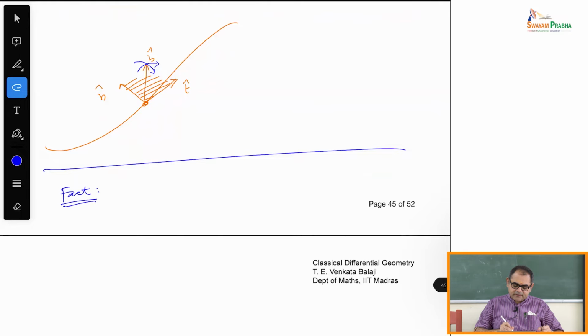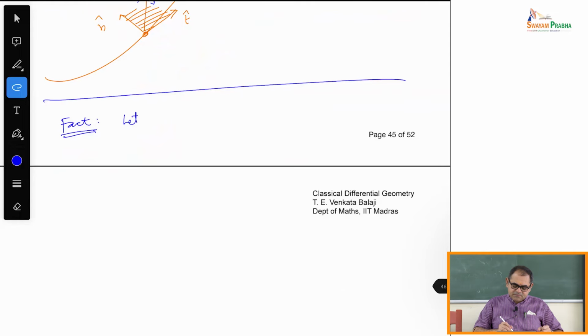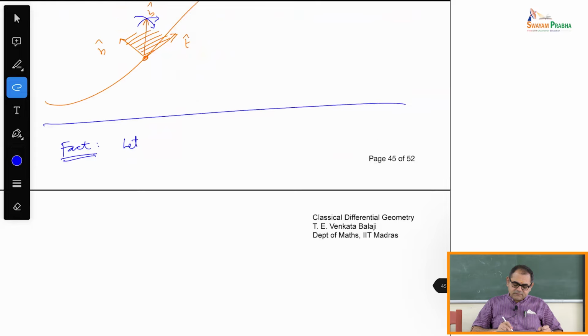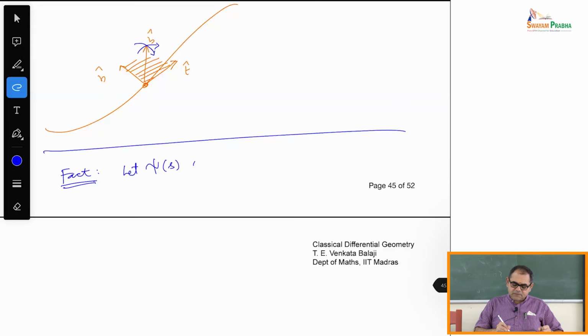So let me write it like this. Let psi of s be a turning angle for the binormal. What does this mean?